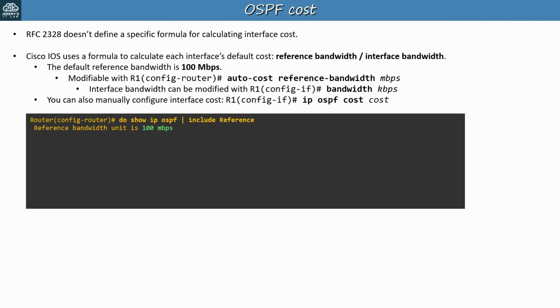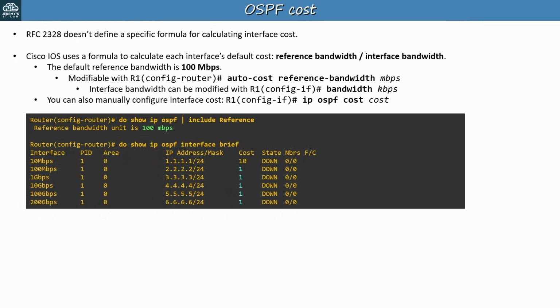As you can see here in the output of show ip ospf, the default reference bandwidth is 100 megabits per second. To show the default cost of interfaces with various bandwidths, I modified the bandwidth values of these 6 interfaces from 10 megabits to 200 gigabits. Note that I edited the interface names in this output just to make it easier to understand. You can't actually change interface names like this.